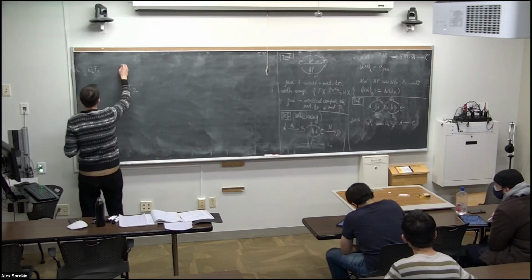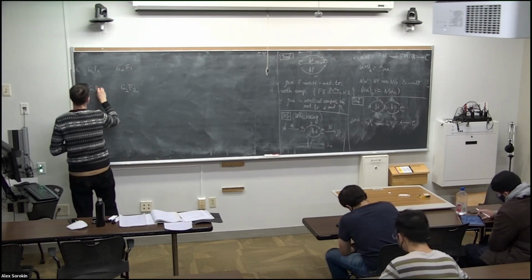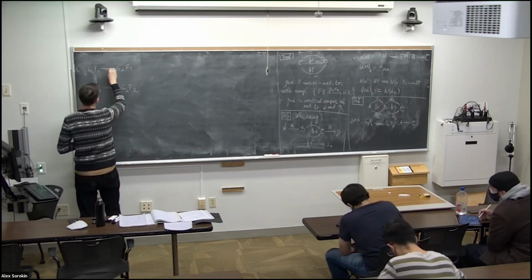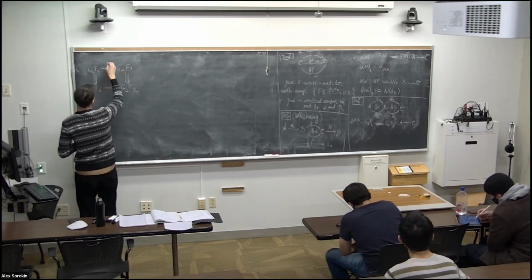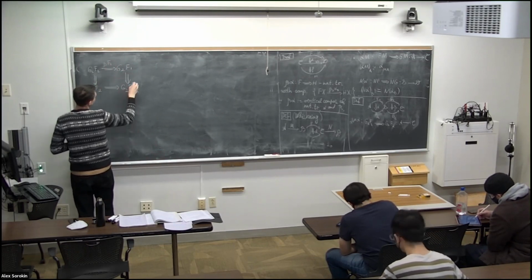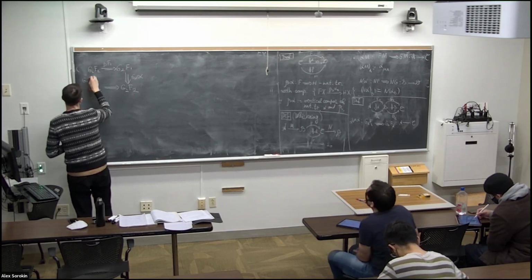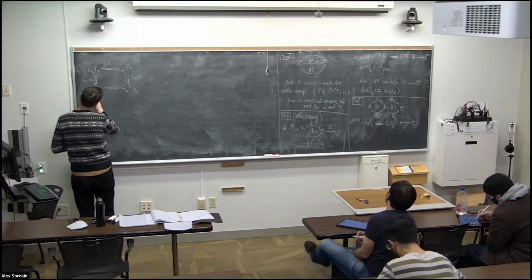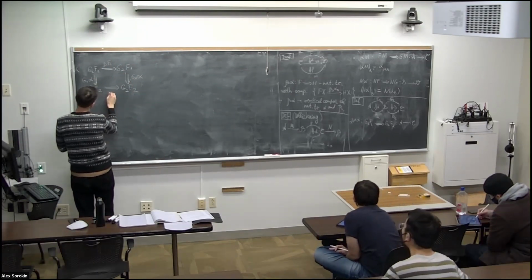So it will be G2 F1, G1 F2. Here it will be beta 1. Here will be G2 alpha. Here will be G1 alpha. And here it is. It is what?